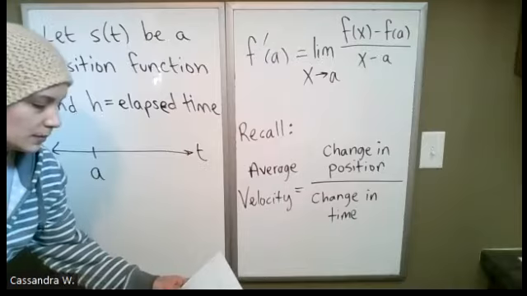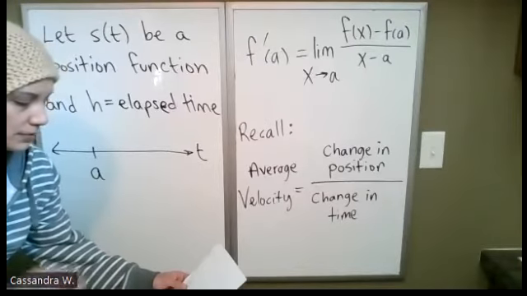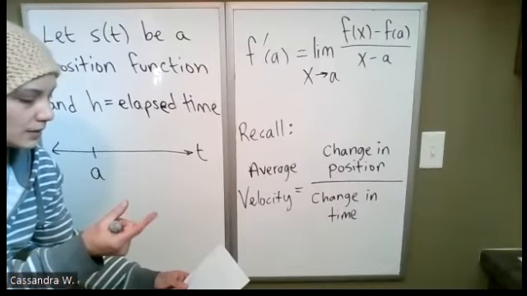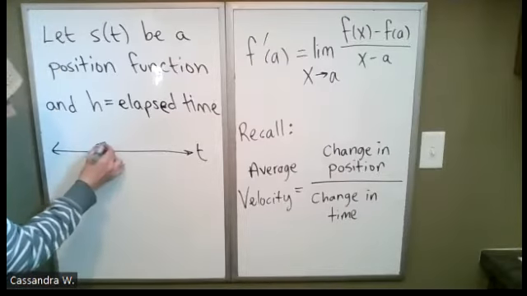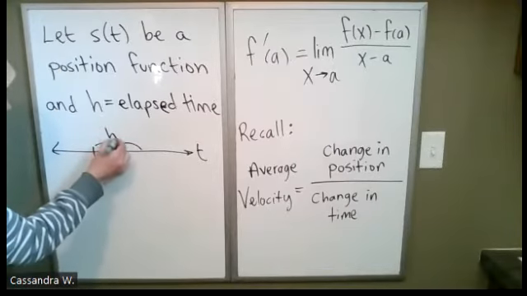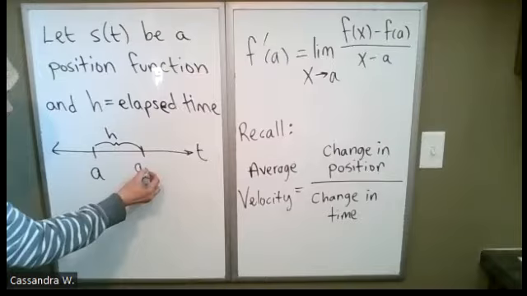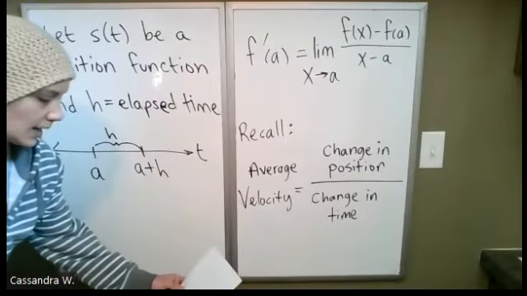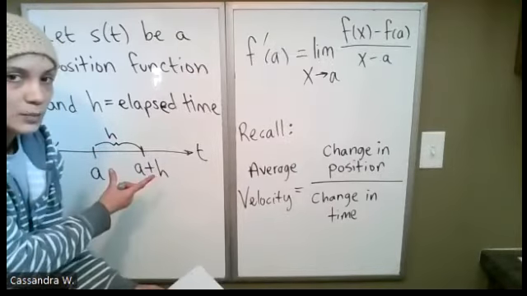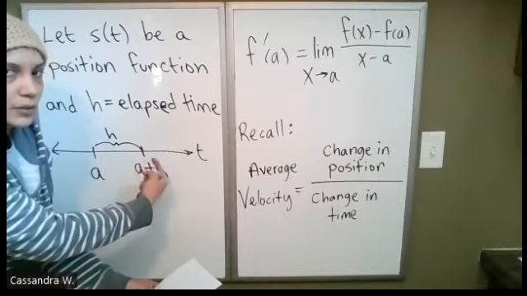And then we're going to have some positive elapsed time, h, and go over to a plus h. And have h get smaller and smaller, and have a plus h go towards a.